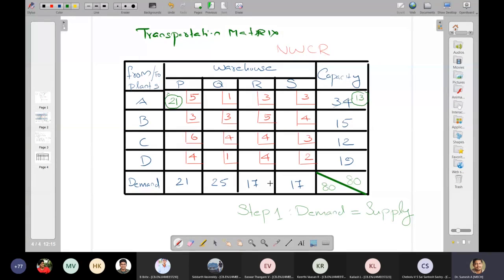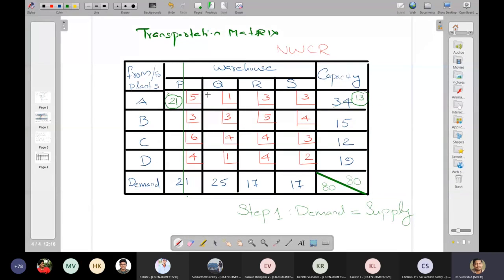Now which is the next northwest corner? The new northwest corner will be AQ, where the demand is 25, but the left out capacity is only 13. So what value can I allocate?